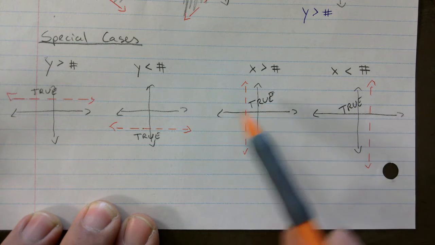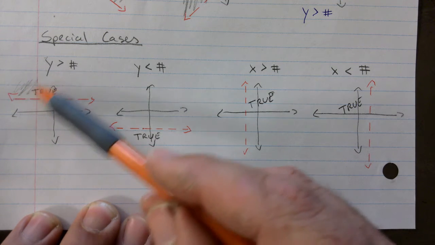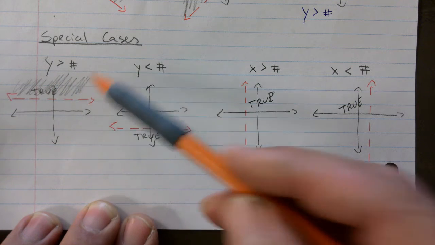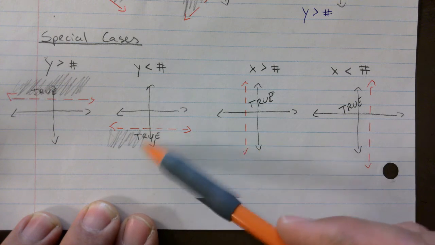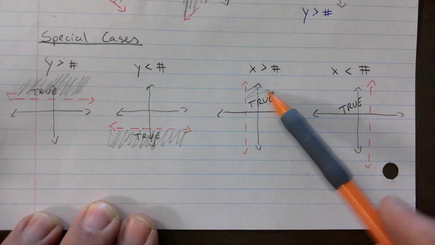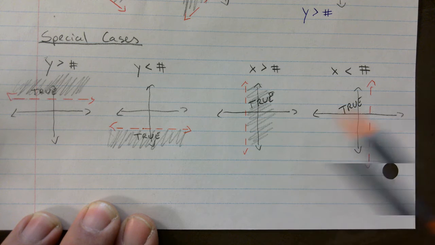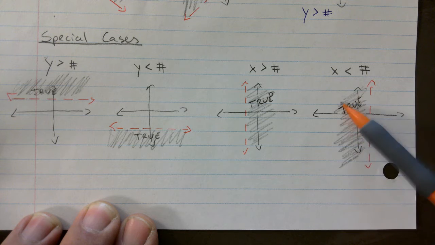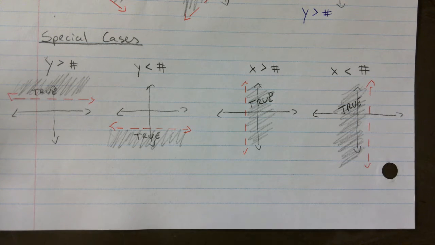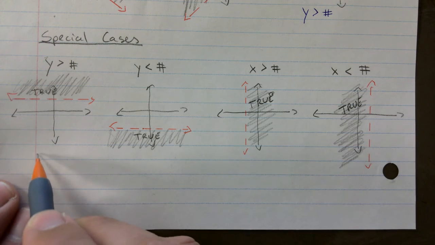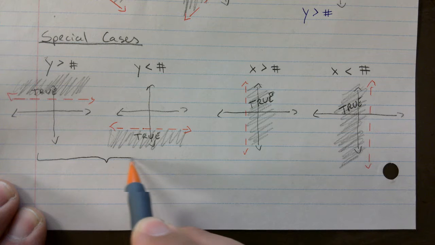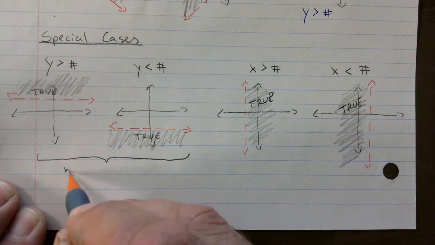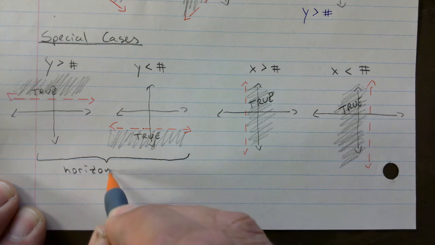Yeah. So let's just shade in. Once you determine the true region, everything else is a piece of cake. And I'll just make a note here, right? These two, those are horizontal lines, right?